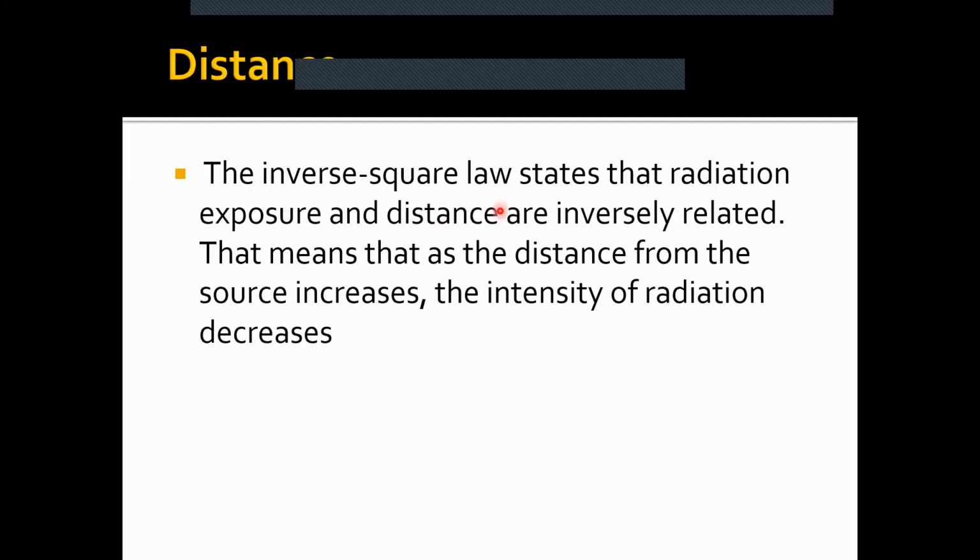Distance. Okay, so the way distance works is the further away you are from the source, the less radiation you're exposed to, because a lot more of the radiation is going to miss your body, basically. So if I were to draw this very briefly.